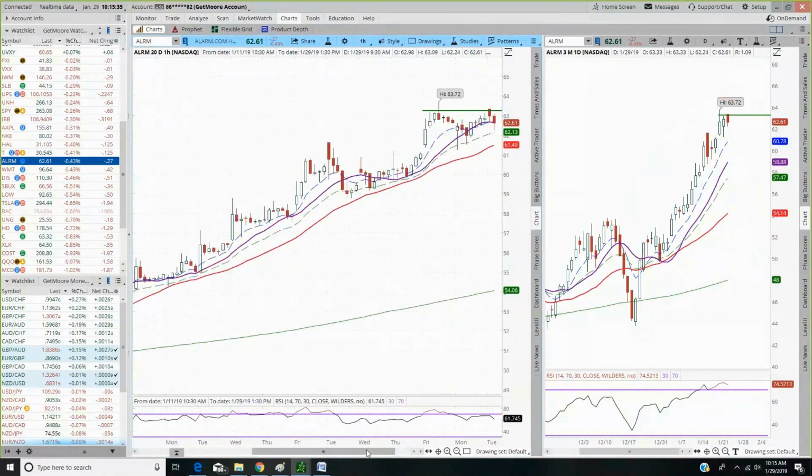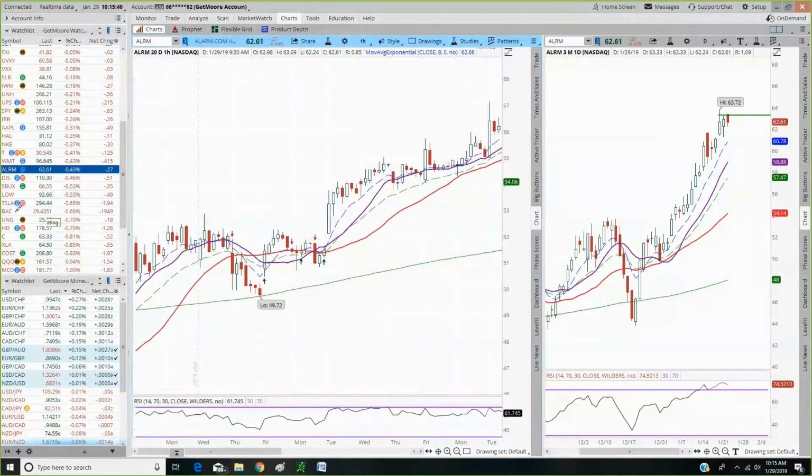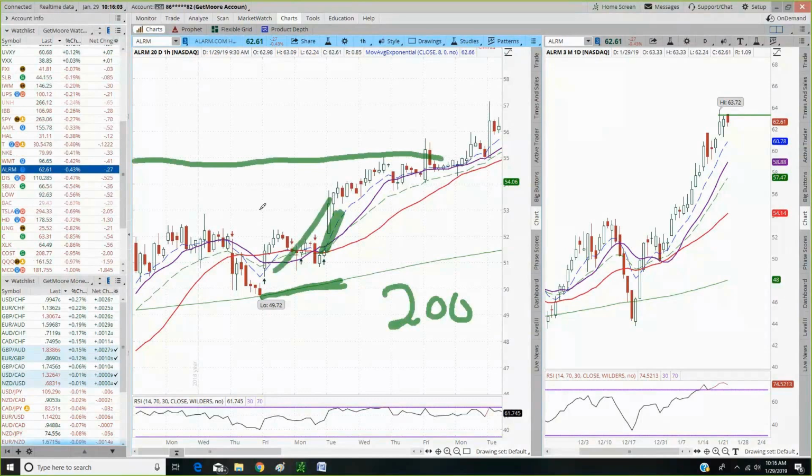But when you're buying to the upside, you want it to be above the 200 moving average. The 200 moving average, guys, acts as a magnet for institutions. This is the hourly. So when I'm buying, I want it to be above. If this was up here, the green, I would not do it.